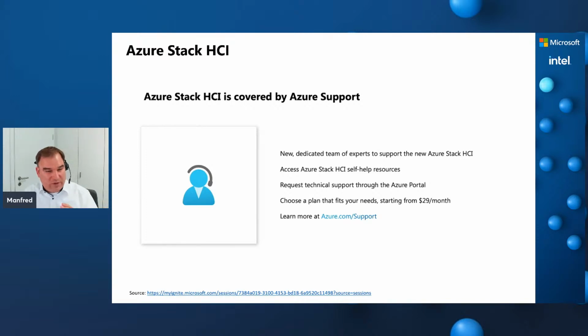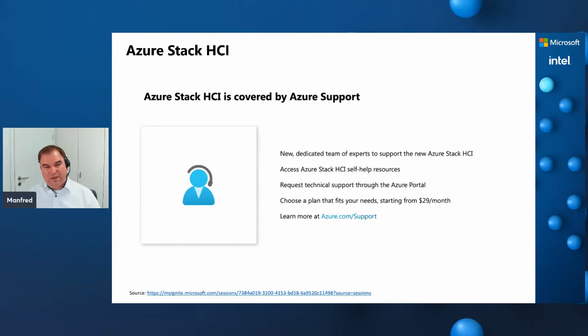It's $100 per customer. So the customer running Azure Stack HCI subscribes to this Azure standard support, which is $100 per month. This means you get full support for your Azure Stack HCI cluster from the Azure product support team.